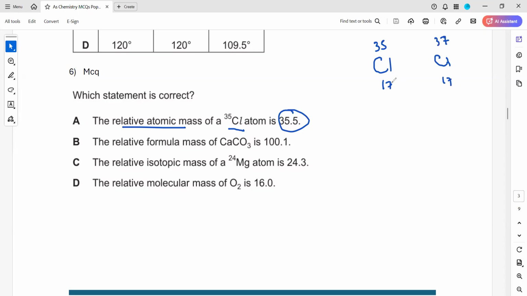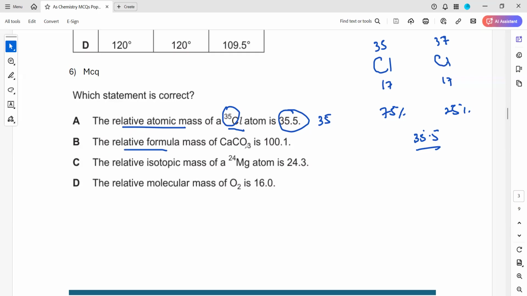Chlorine 35 is 75%, whereas chlorine 37 is 25%. The average mass of the two isotopes is 35.5. So it should be the average isotopic mass of chlorine is 35.5, but they say relative atomic mass is 35, which is wrong. The mass of this atom is 35, not 35.5. The 35.5 is actually the average mass of the two isotopes.